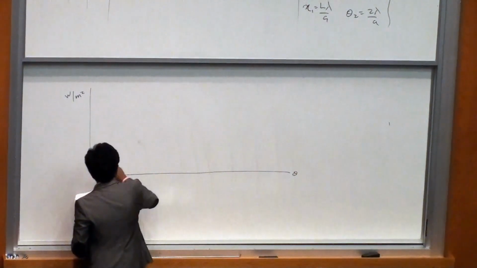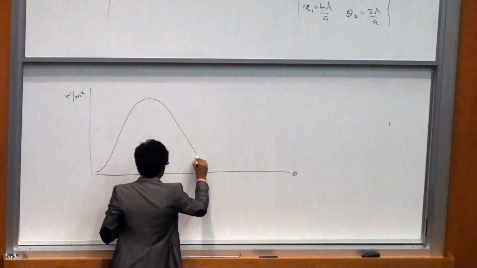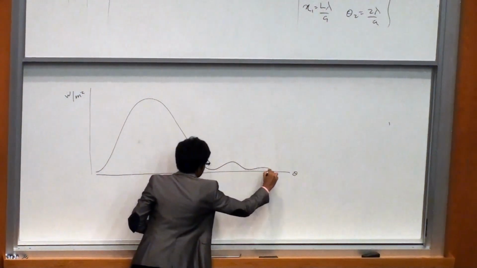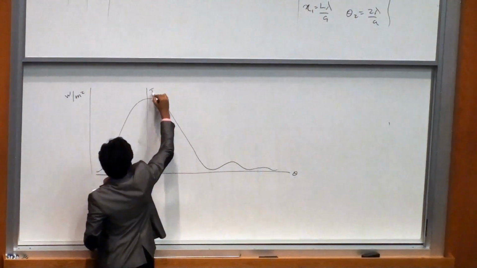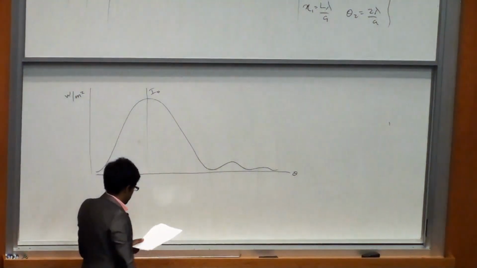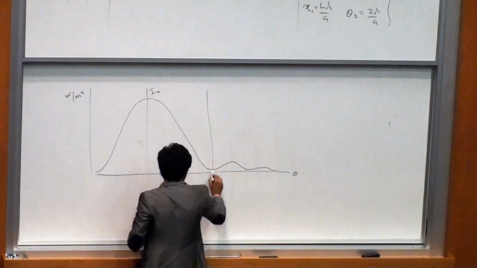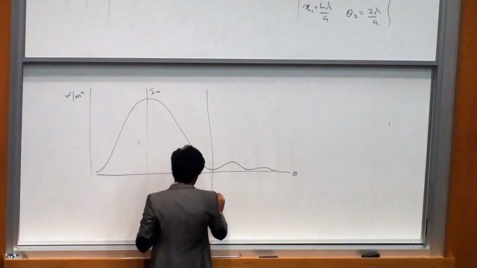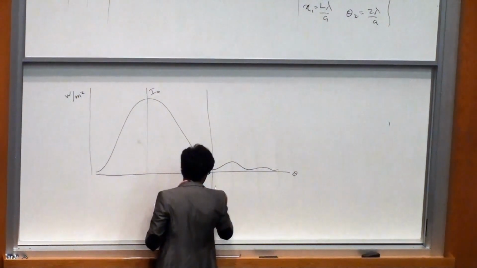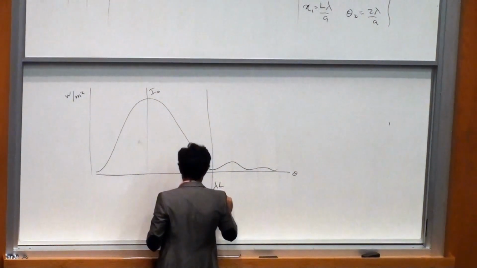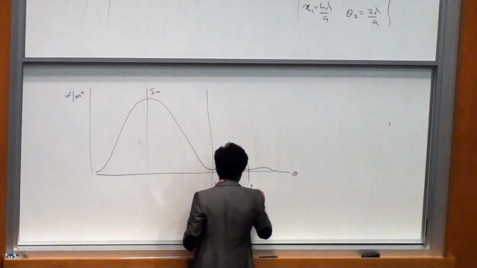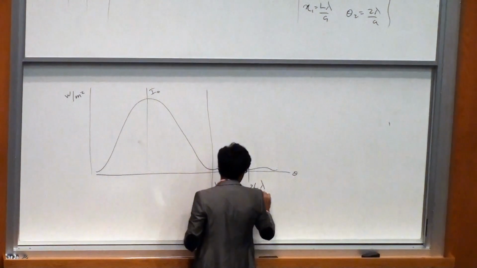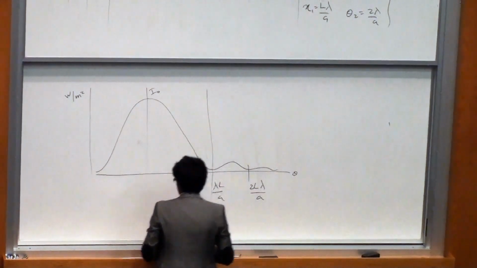My intensities will look something like this. This is my I naught, my maximum intensity. And up to here, I know I'll get some minimum. This is my theta 1, that's lambda over A. At this minimum, it's going to be 2 lambda over A, and so on.